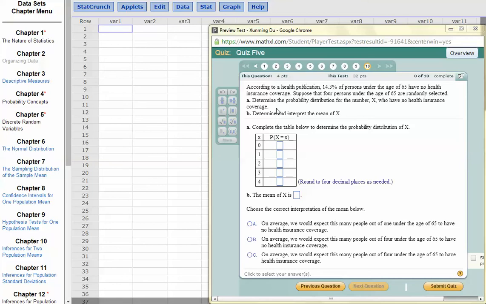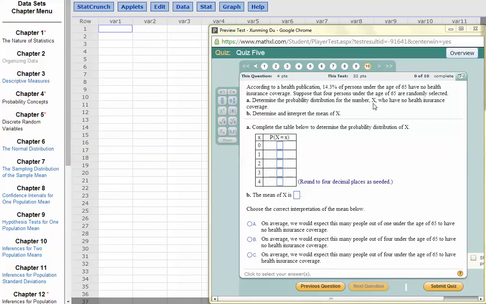One is to determine the probability distribution for the number X, where X is the number of people who have no health insurance coverage.